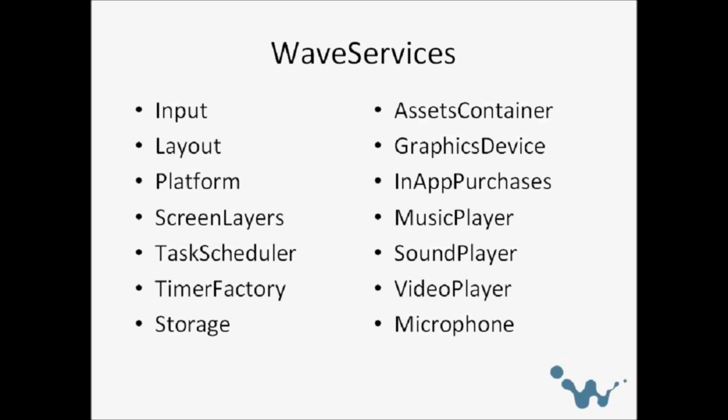For example, when Javier and I were preparing this slide yesterday, we were thinking that maybe the most useful way to explain WaveServices is that, for instance, if you are running on a Windows Phone device, the input is that you can touch the screen, so the input would not be a keyboard, nor a mouse. It would be the touch on the screen. But if you are running WaveEngine on Windows desktop, you will be aware of the keyboard and also of the mouse.